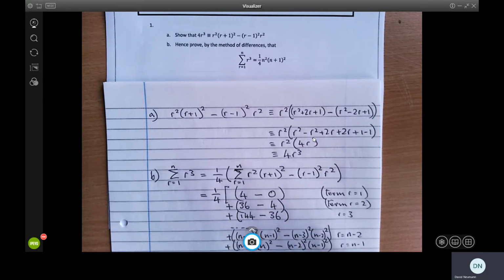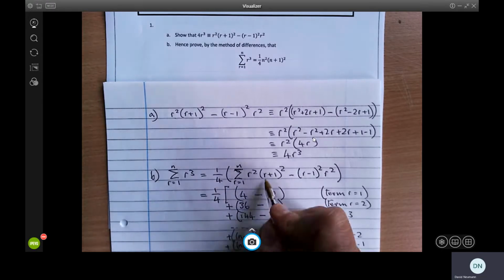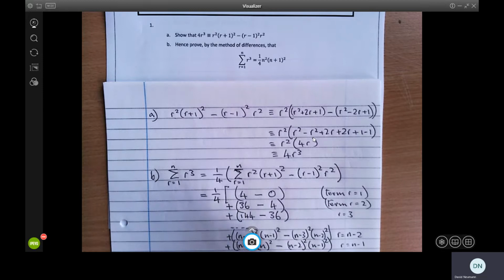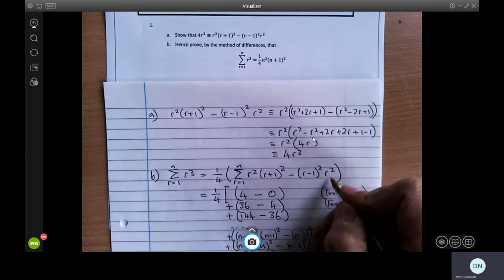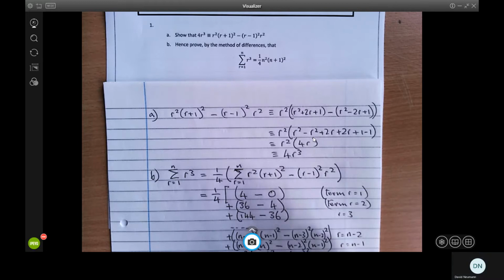That's that term. Plus, put n in here, we're going to get n squared times n plus 1 squared, minus, put it in here, n minus 1 squared times n squared.